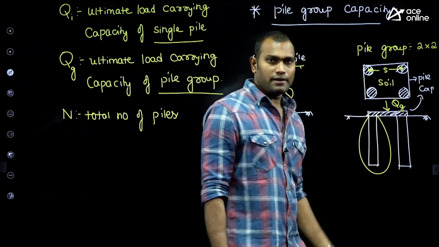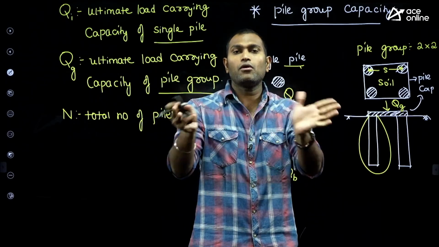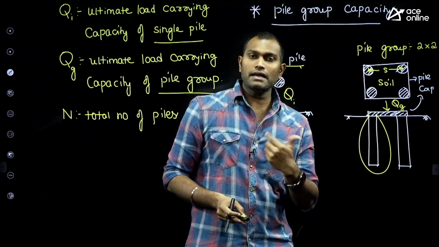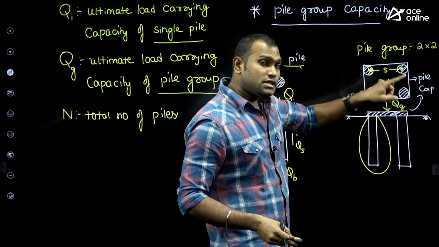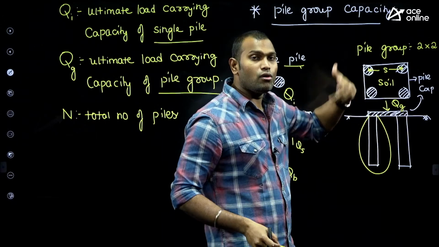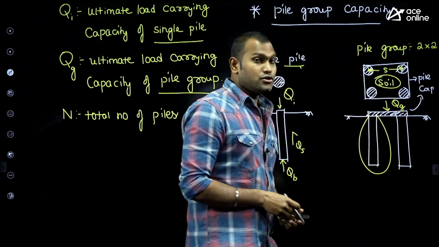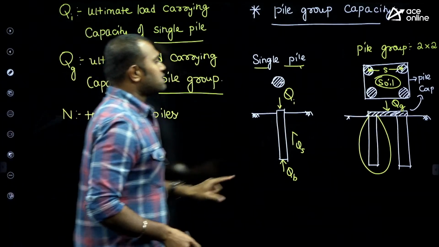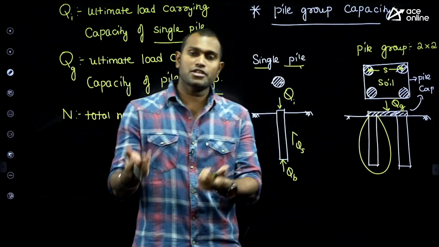Suppose if the soil is a clay, while you're driving the pile, the clay will undergo remolding. Remolding means it gets disturbed. For a single pile and a group pile, in which case will the soil get disturbed more? If it is a clay soil, due to the pile driving of a group, the soil gets remolded more, and in the case of clay, the soil loses its strength.